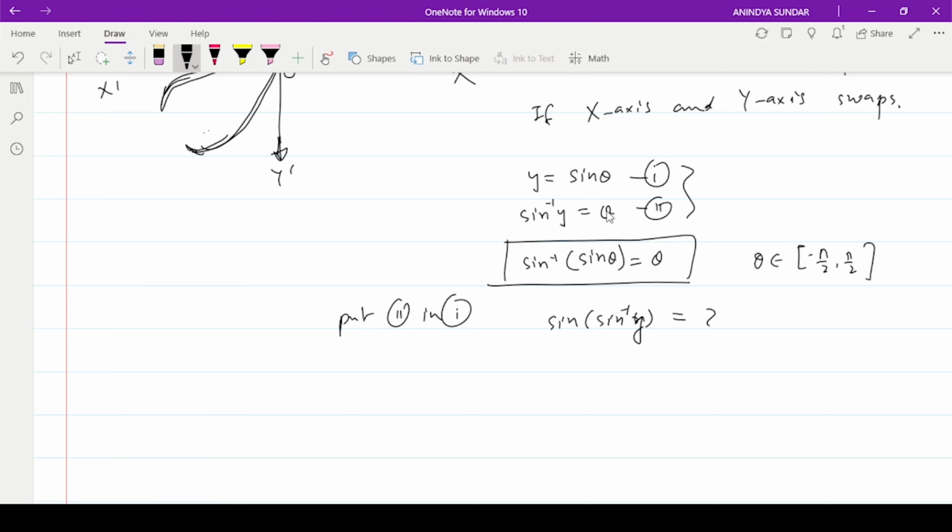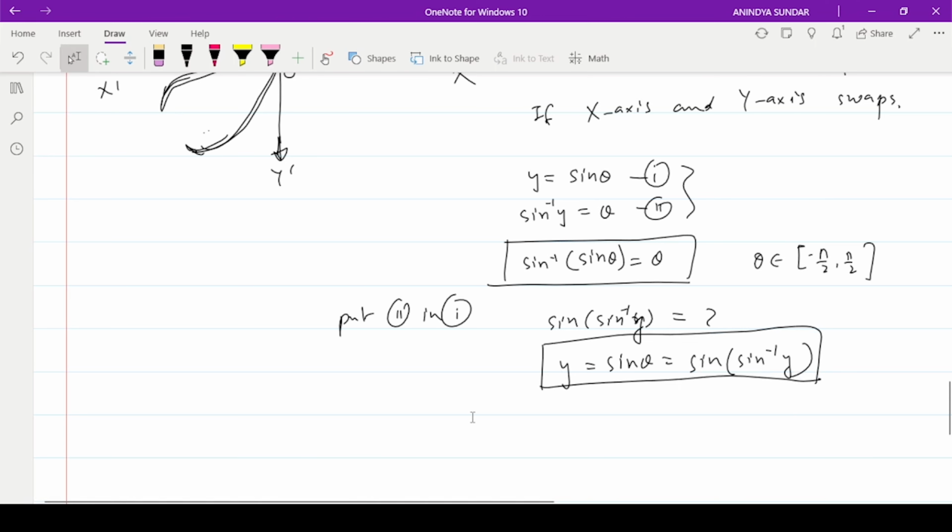That means take the value of theta as sine inverse y, and put it in the first equation. So what are you going to get? y equal to sine theta, and theta is the same as sine inverse y. So sine of sine inverse y is y. This is your second result that you are deriving from these two equations.